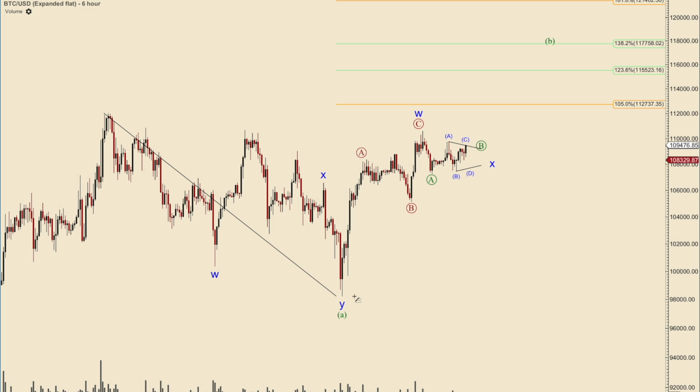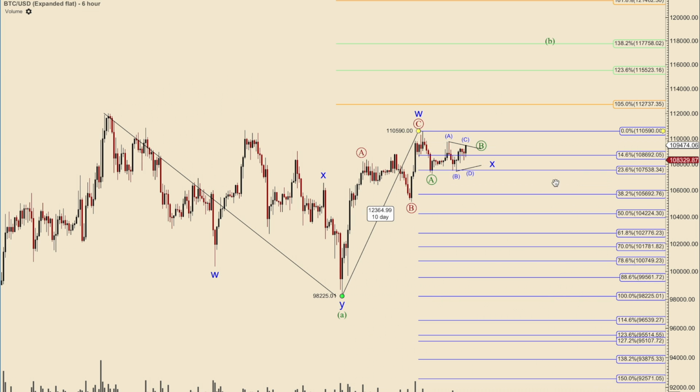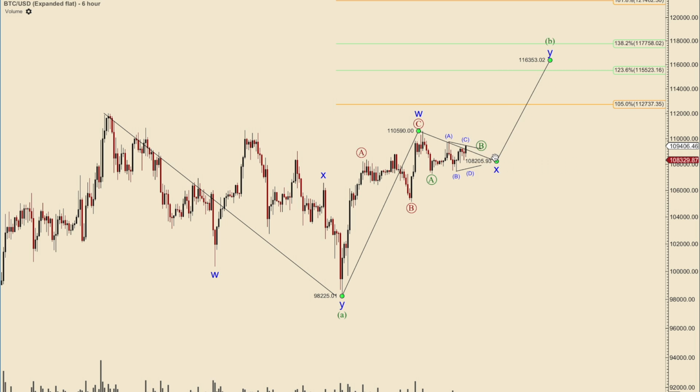So if we take a fib from here to here, you can see that wave X then finished around 23.6 to 14.6, depending if this is a triangle and the orthodox end will be here, then it's very shallow for a wave X. I mean, combinations tend to be more shallow than impulses or corrections in impulses, but still, I wouldn't be surprised if we move down to A, B, and then we have a wave X down here, maybe something like that, and then we move up and finish the expanded flat wave B.